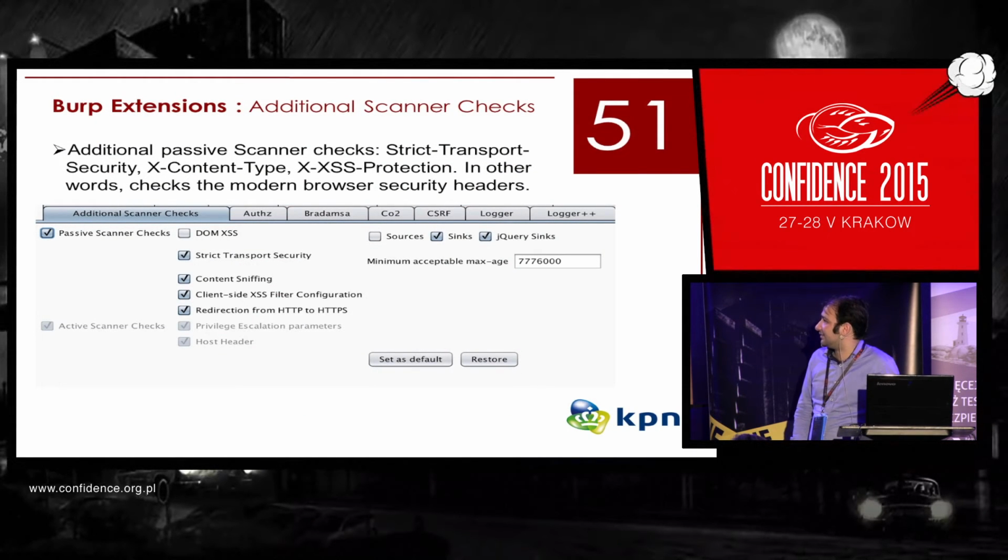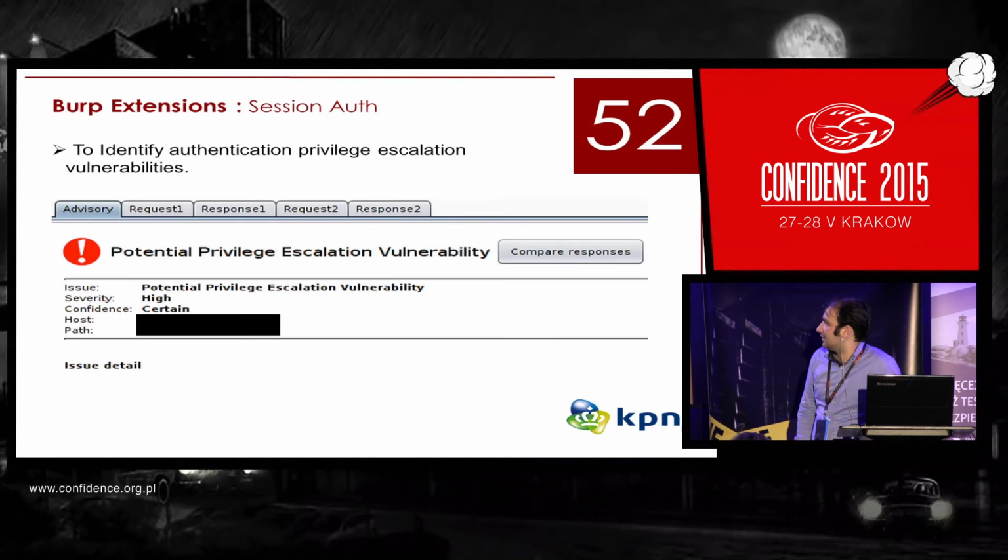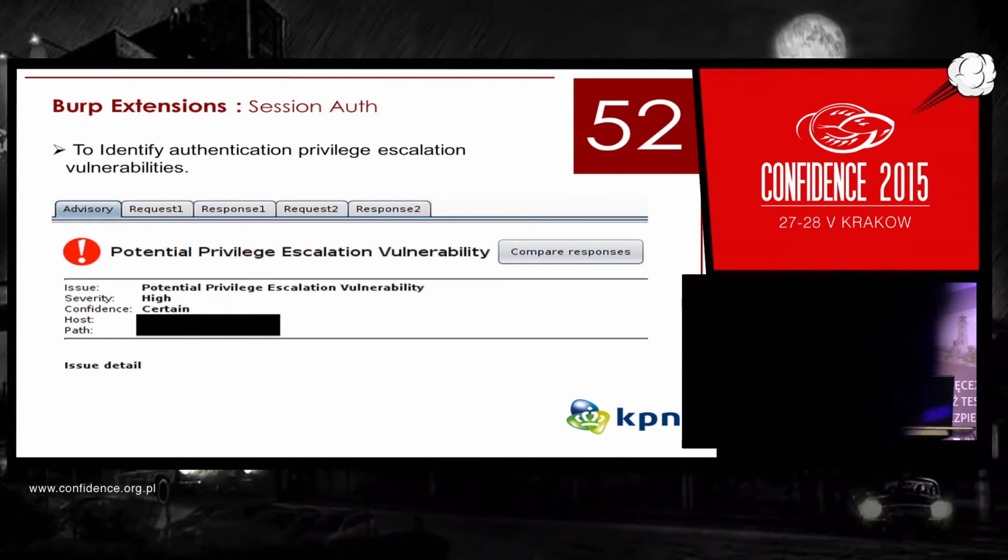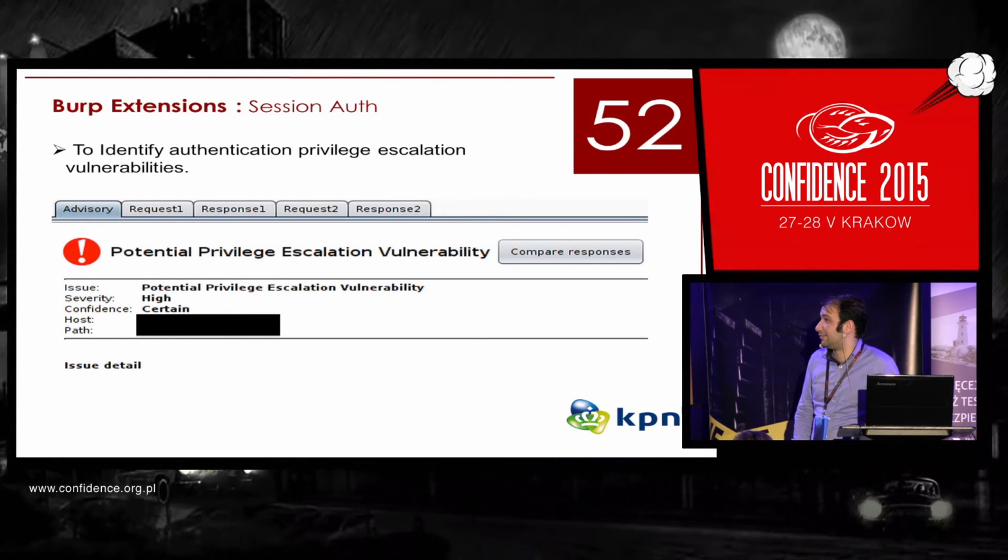An additional scanner looks like this. You can define specific actions, for example content sniffing, client side XSS injection, and etc., like comparing different return values to see whether there can be a potential privilege escalation or not.